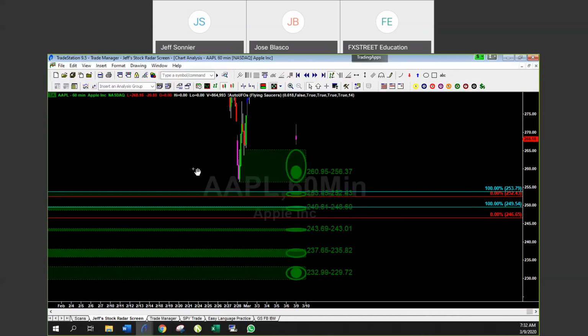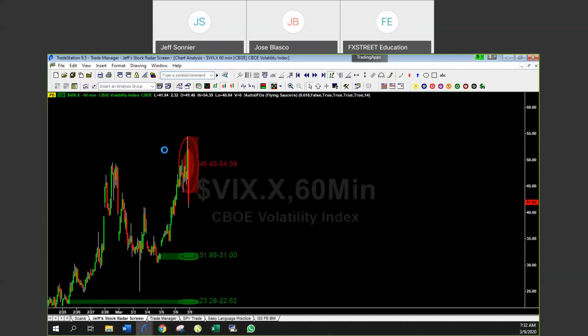options have skyrocketed. And I think today, let's see what the VIX is doing. The VIX is probably close to the 50 range. Let's see, right now it is 41.94 is the last one.